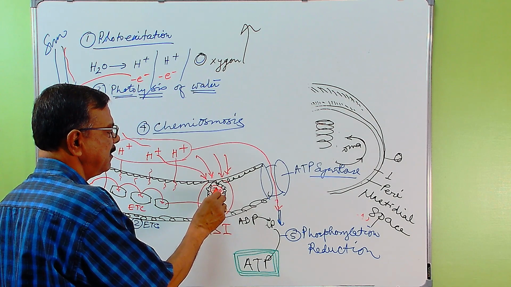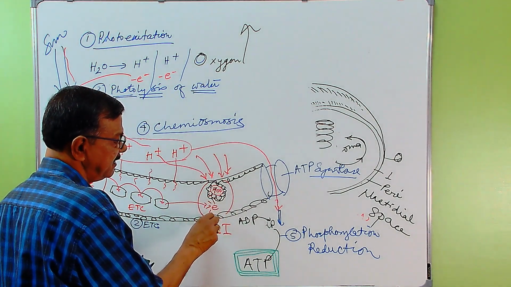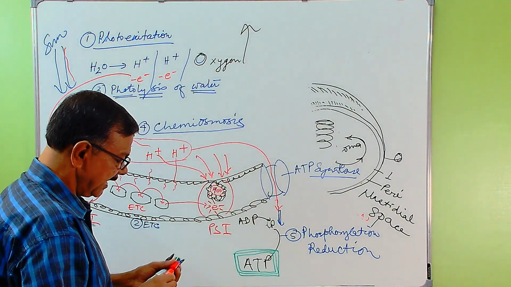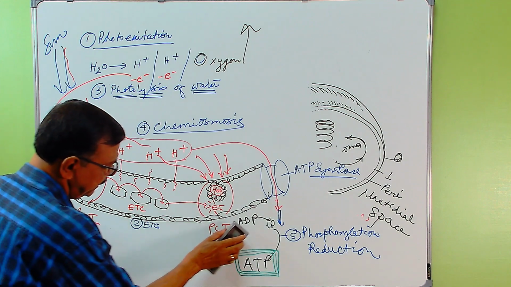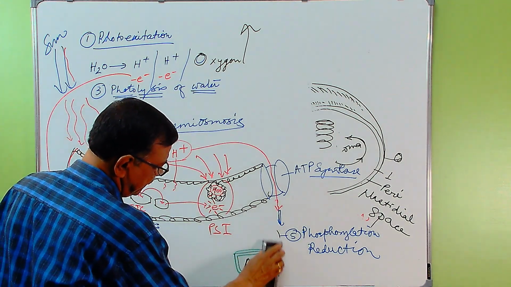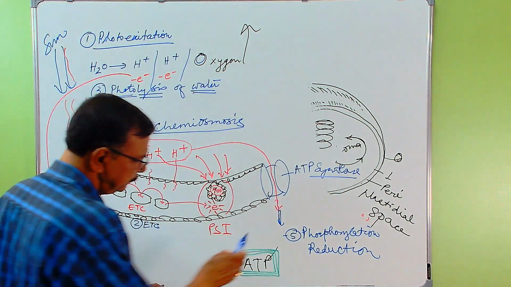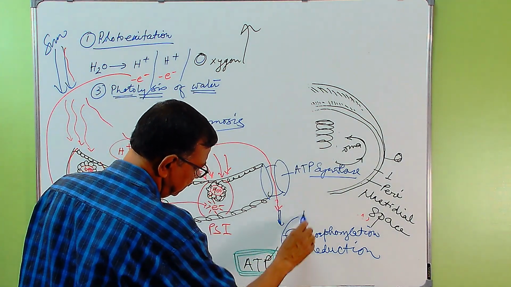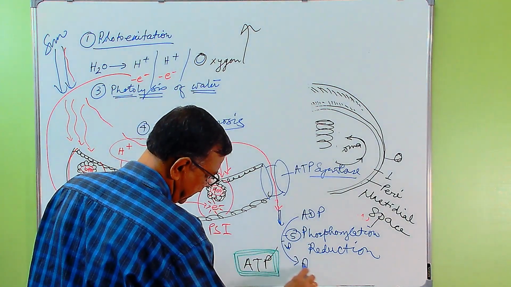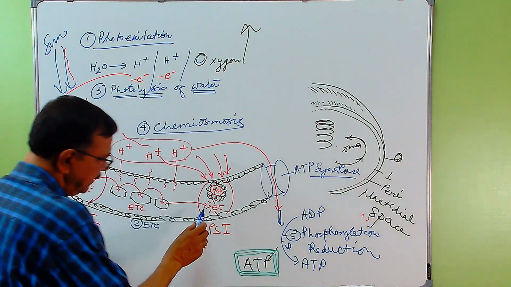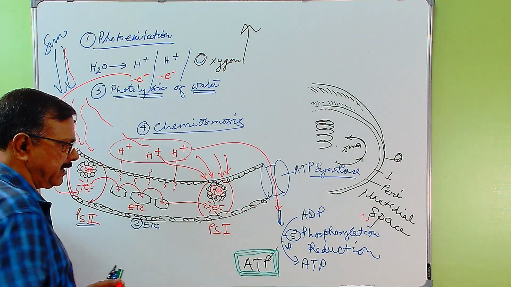They are transferring also, the same way they are transferring. And this 700 also gets excited, it rejects an electron. So I am exciting this electron also. This electron, PS1. Inorganic phosphate, ATP. These electrons then also pass through the electron transport chain.